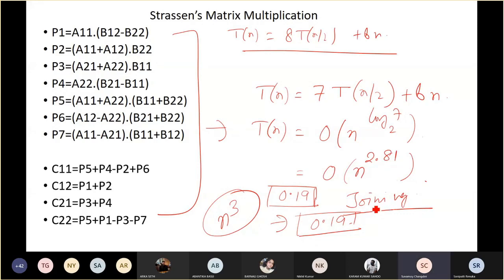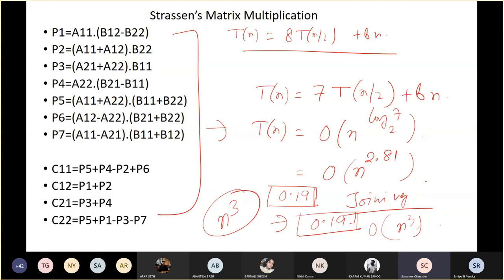So therefore, a small example that we are capable of thinking about will not be that fruitful, and that's why the order of n cube matrix multiplication is very famous.